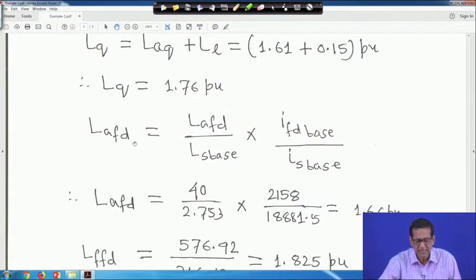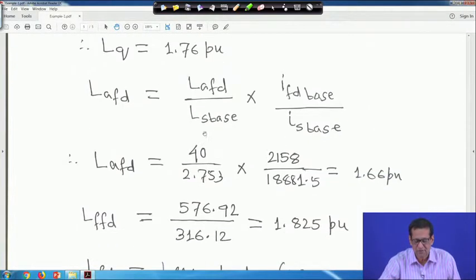Therefore we know that LAFD is equal to LAD upon LS base into IFD base upon IS base. All these things have been derived, so we just have to put these values in. So 40 upon 2.753 into IFD base 2158 divided by 18,881.5 is equal to 1.66 per unit.